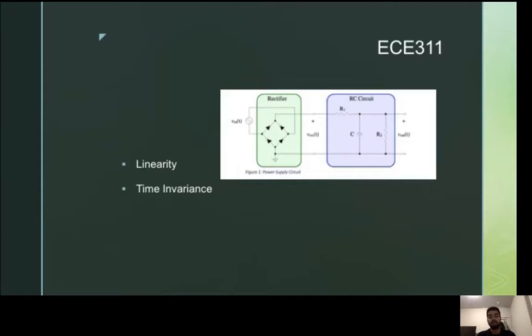For this power supply circuit, we'll take the rectifier first. The rectifier is not linear, because when we change the polarity of the sinusoidal input, the output doesn't change because of the diode, so it doesn't obey homogeneity.